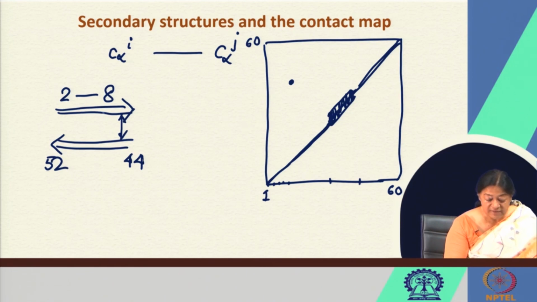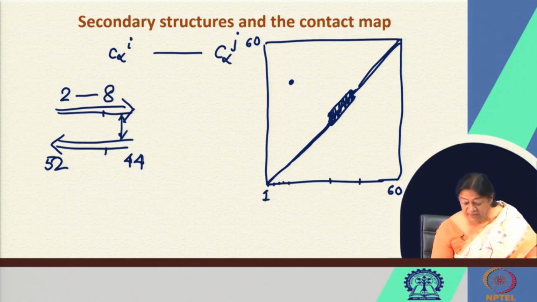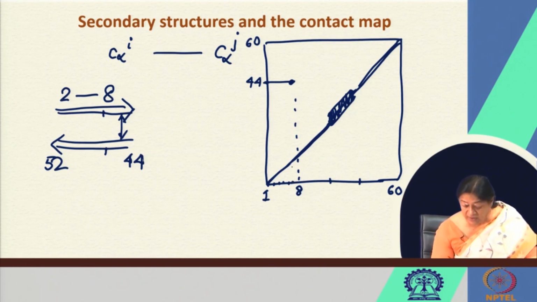Then 7, which is one back, is close to 45, so I am at 7 here and 45 is up here.